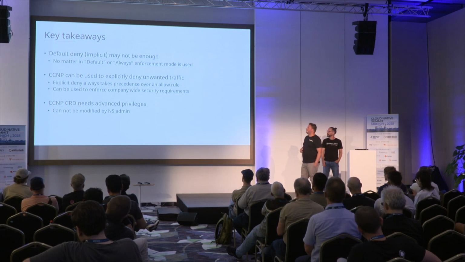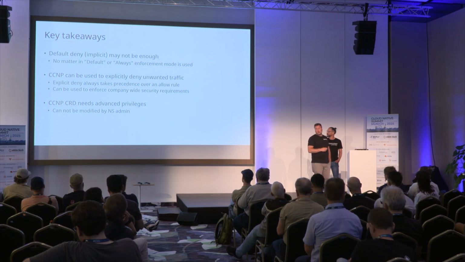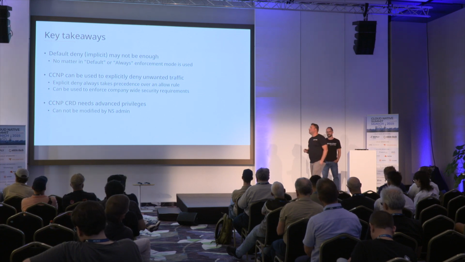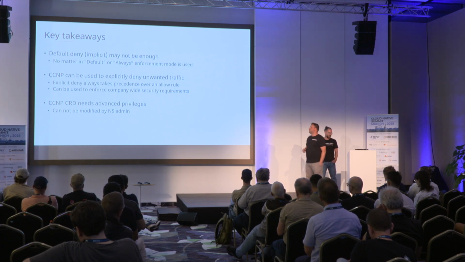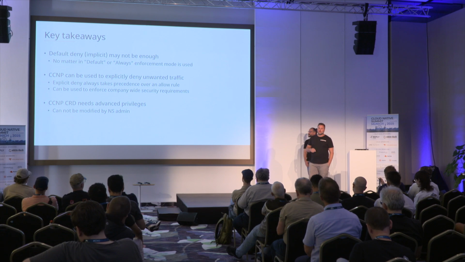And the last one is that we need advanced privileges, so a proper RBAC concept is always key for good network security in our cluster, so that the namespace administrator, also called the developer or namespace owner, cannot modify these cluster-wide network policies and allow traffic and override our policies.